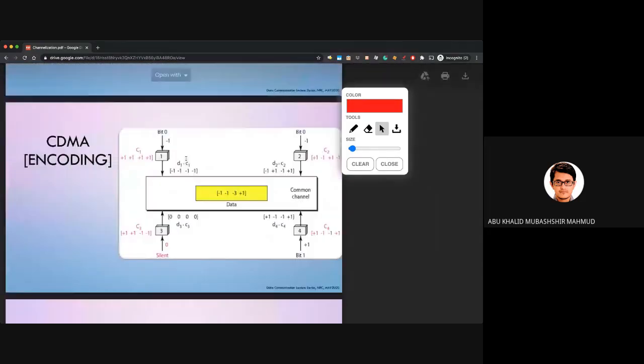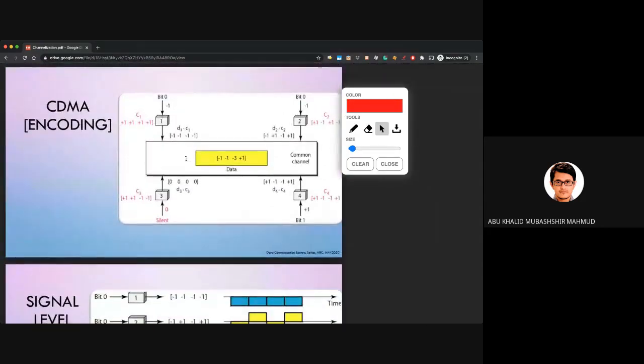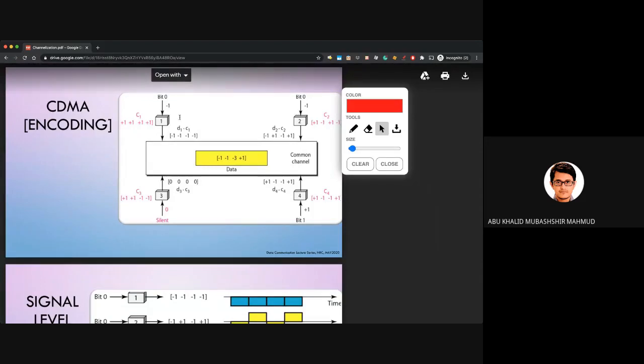So what happens here is that, say for example, station 1 wants to send a bit 0. Then it will send -1 as the data bit, and after multiplying it with the code, we get this result, and finally we incorporate it right here.